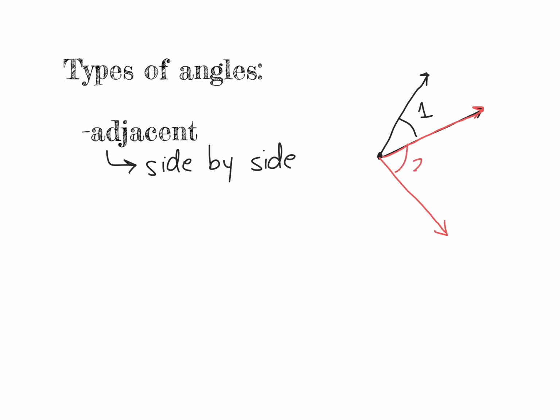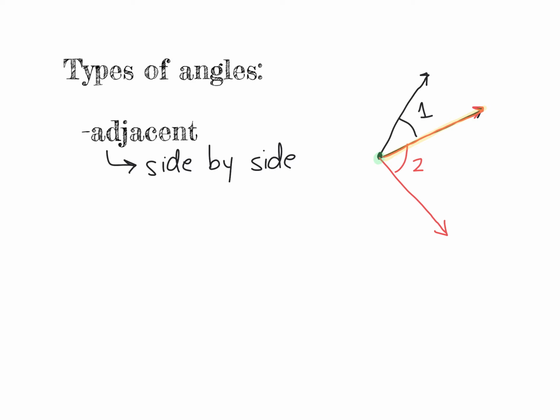I'm just going to call this angle 2. Now that we have these two angles that are next to each other, this would be an example of adjacent angles. Now, the reason that they are adjacent is because, again, they share that barrier between them right here. This ray that connects both of those angles, as well as this common endpoint, that's what makes these adjacent angles.